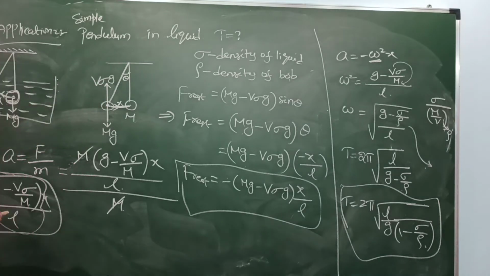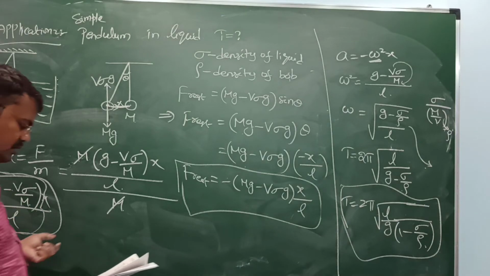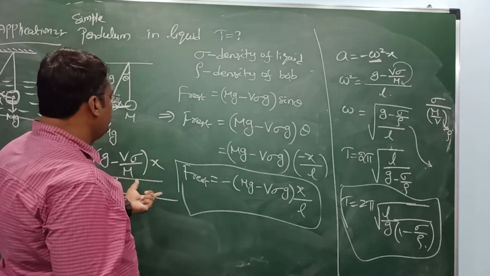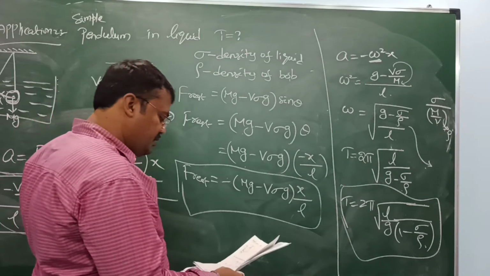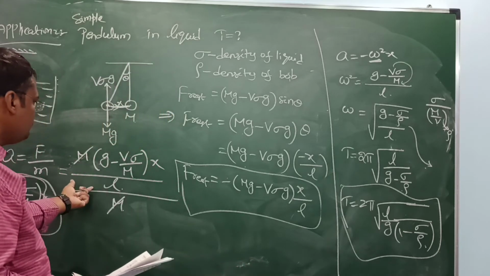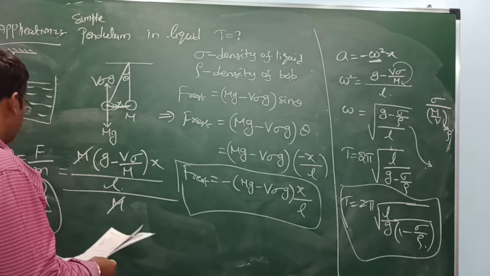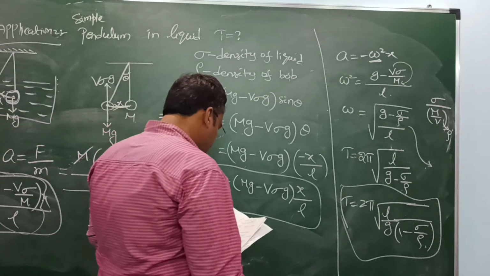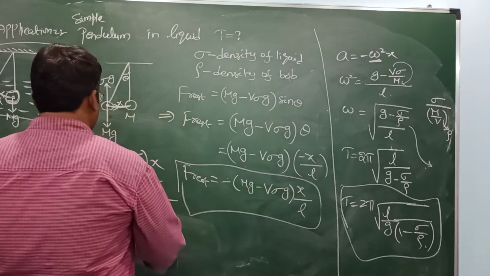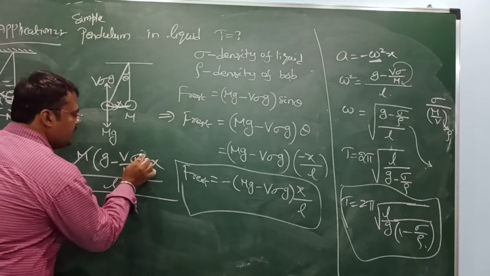So omega squared is (g minus Vσ/m) into x divided by L, comparing with the standard equation. Here I made a small mistake.